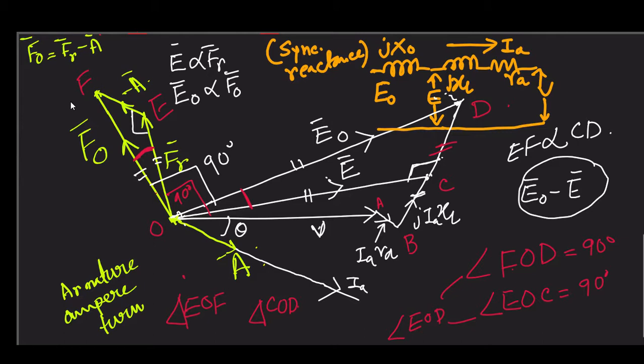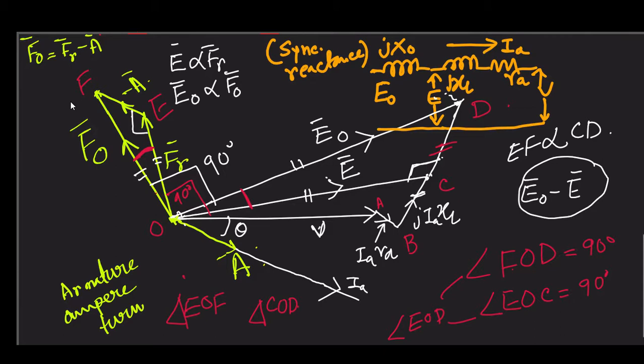So we started looking for an element that can be placed between E naught and E. We considered the three elements, capacitor, inductor and resistor, and thought about which one could suitably be placed in this gap.